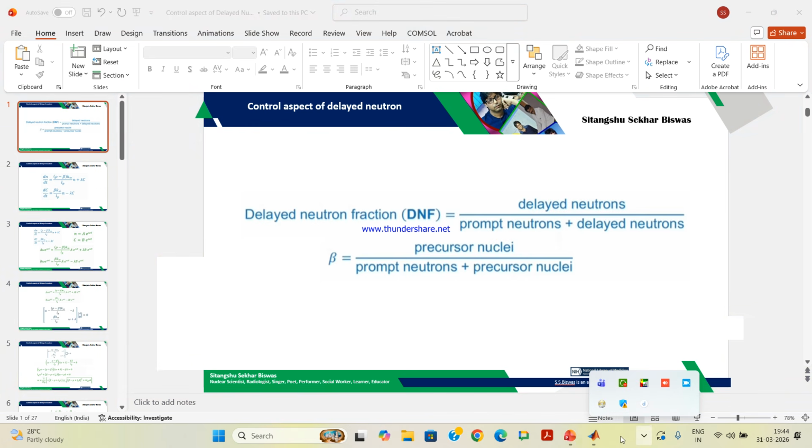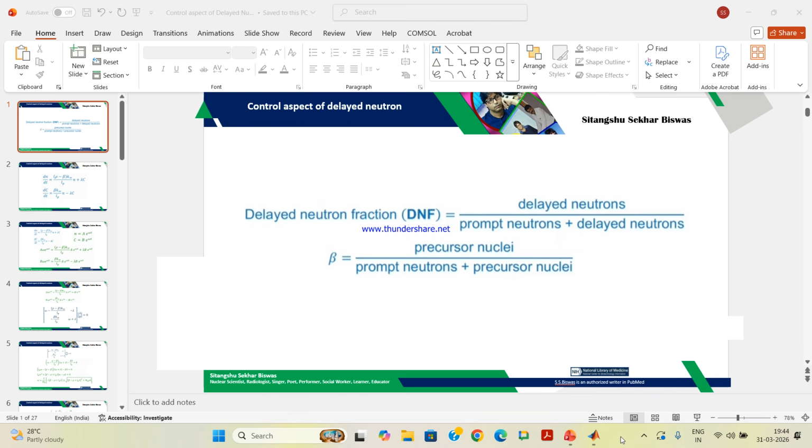Also, we have discussed the prompt neutron. Prompt neutrons are those neutrons which are released just after the fission occurs, and which have very high kinetic energy.